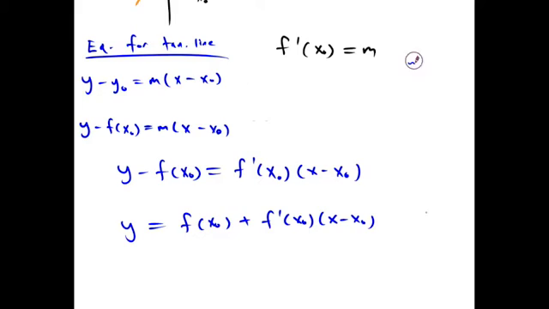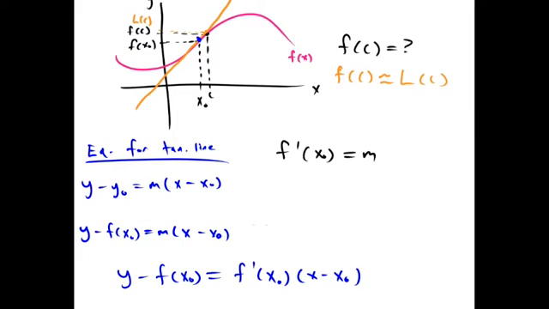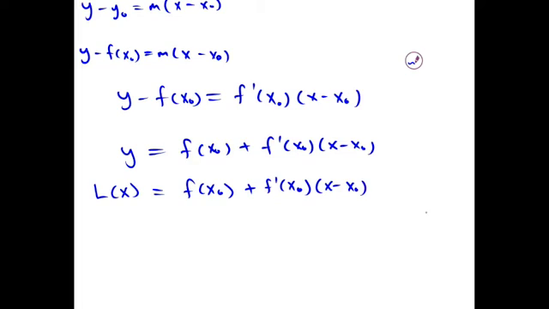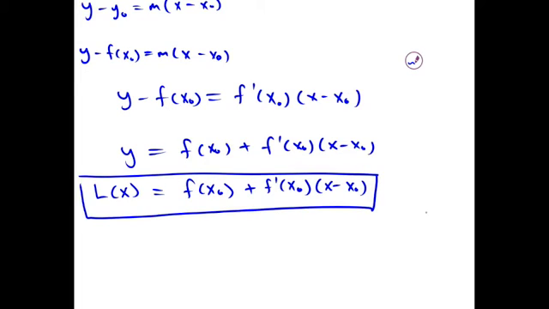Since this y is approximately f, we'll call it L of x, our new function. This is the local linear approximation, or the linearization of f of x, and we can write that f of x is approximately equal to L of x.